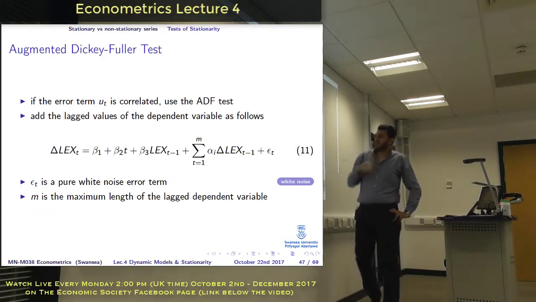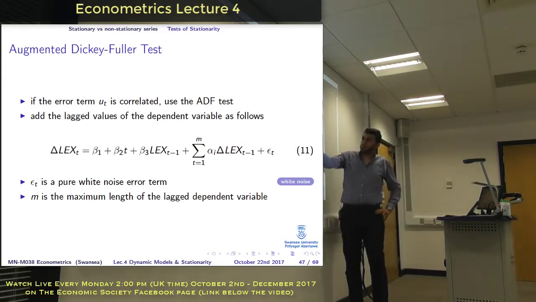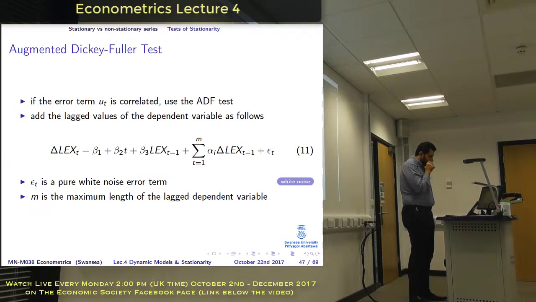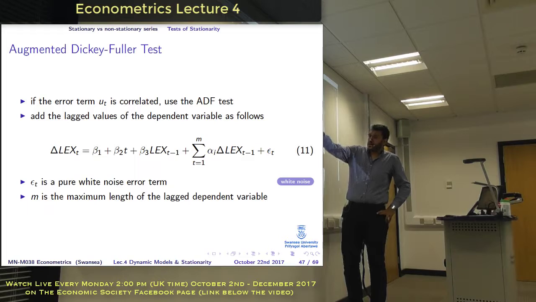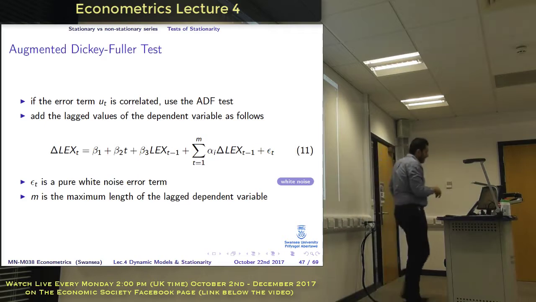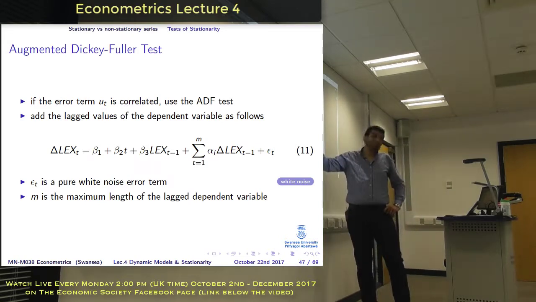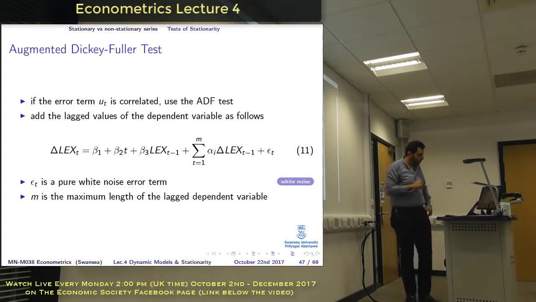And also we have the sum of the delta, the difference from 1 to m of the dependent variable in t minus 1. Okay, so the m here is the maximum lag, the maximum length of the lagged dependent variable. So how many lags are you going to use? Again, you can use one of the information criteria to decide up to what lag you would use.